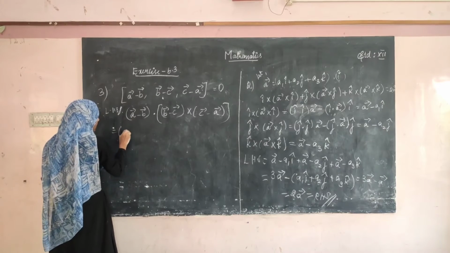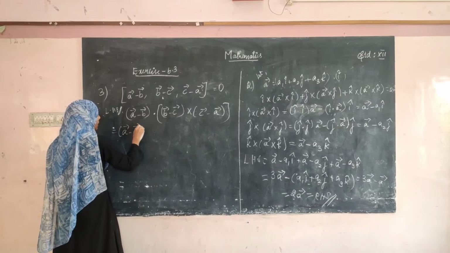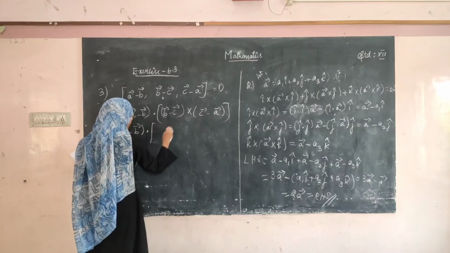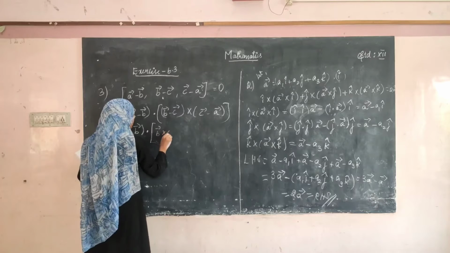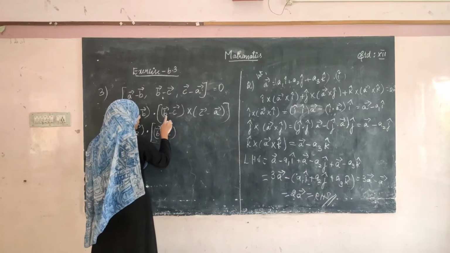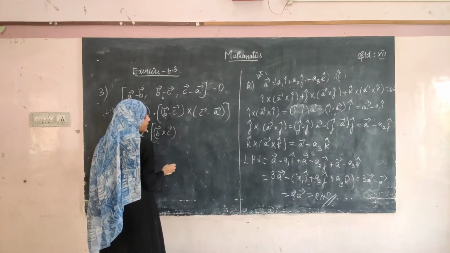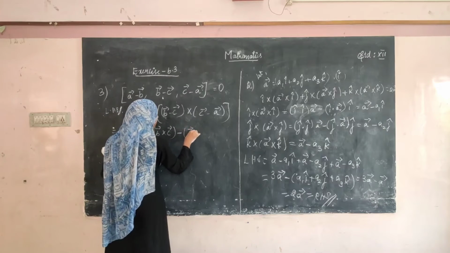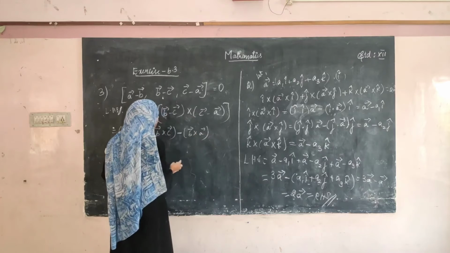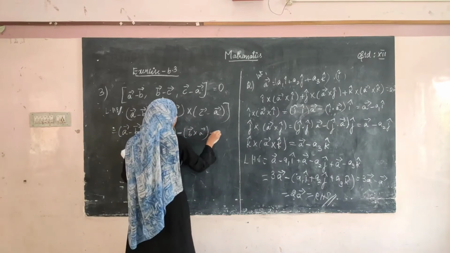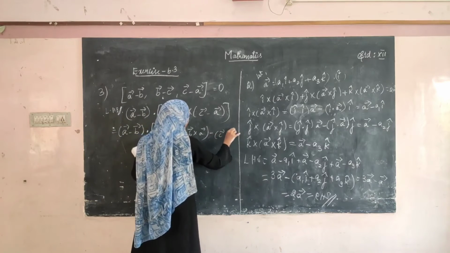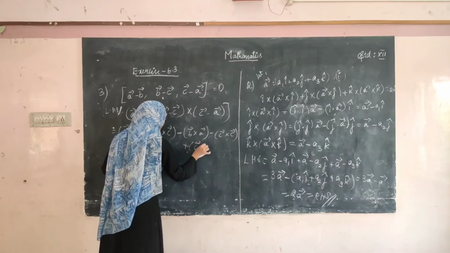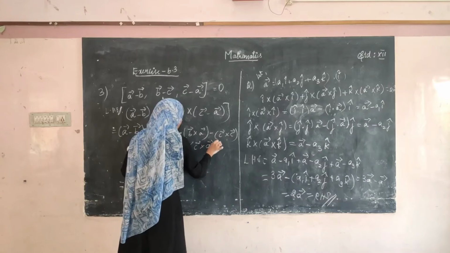So keep this as it is, A vector minus B vector dot, expand these terms, B vector cross C vector, and then B vector cross minus A vector. So minus, bring that outside, it will be B vector cross A vector. So here one minus is there, minus C vector cross C vector, minus into minus is plus C vector cross A vector.